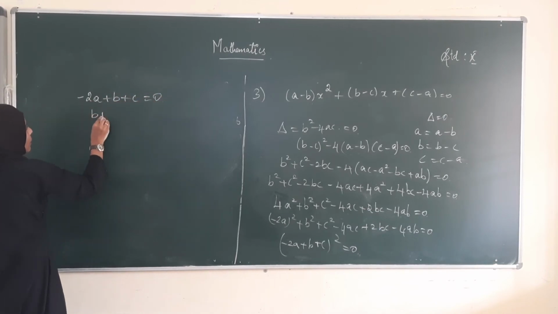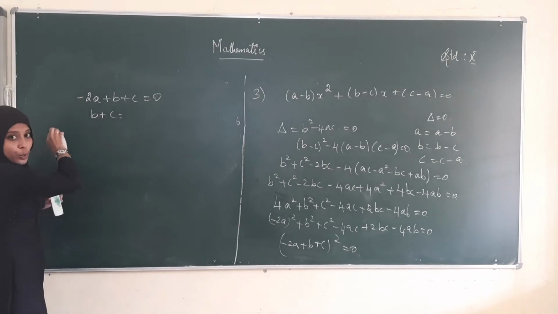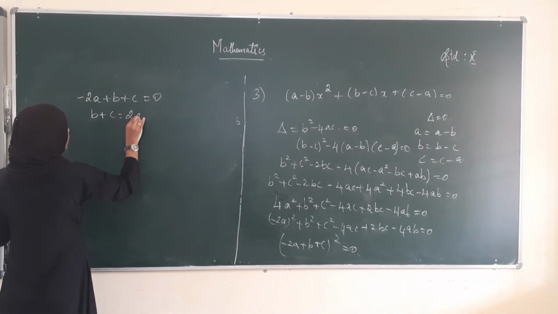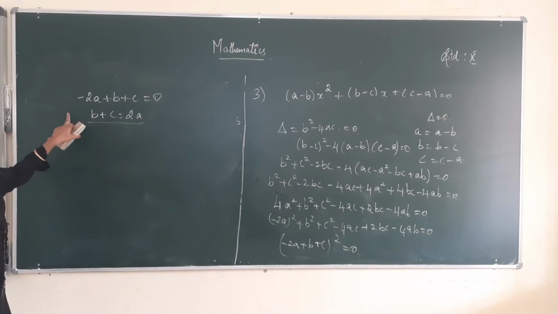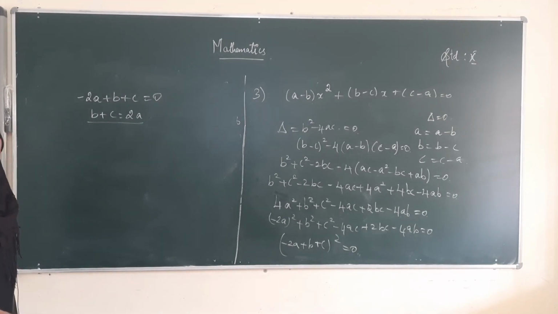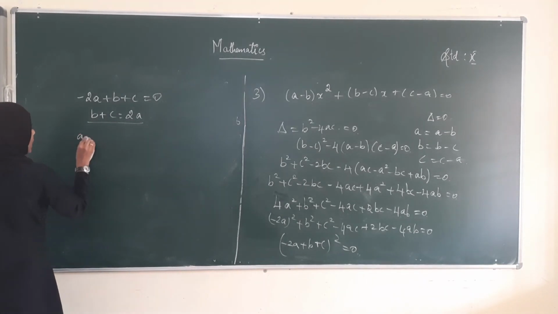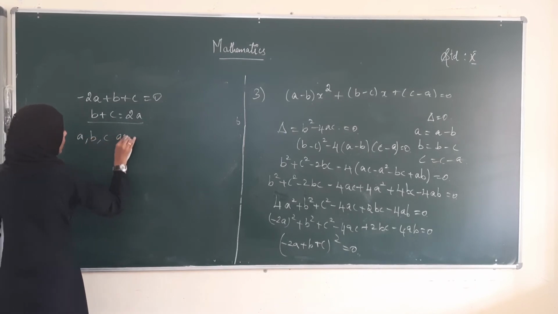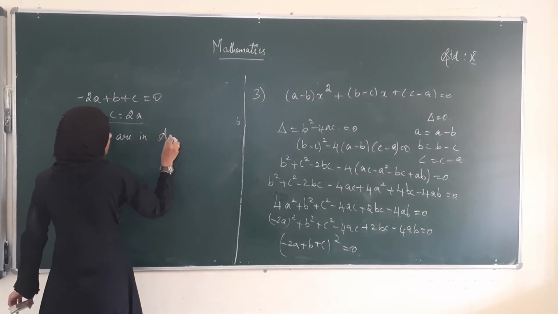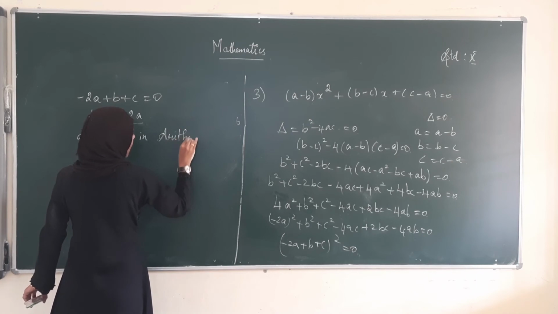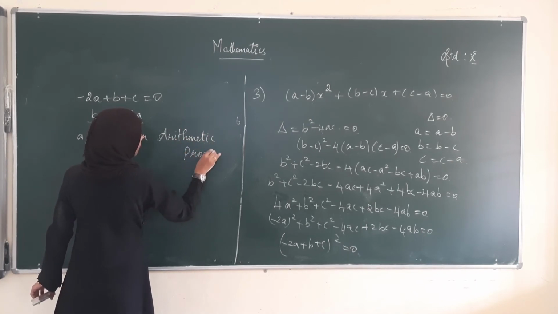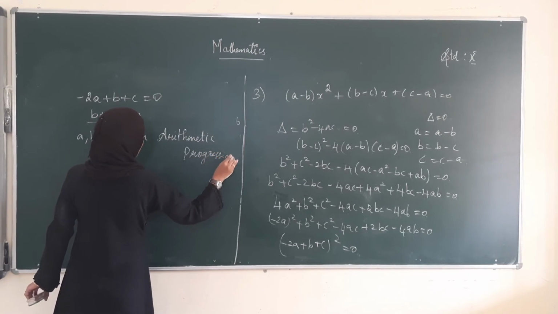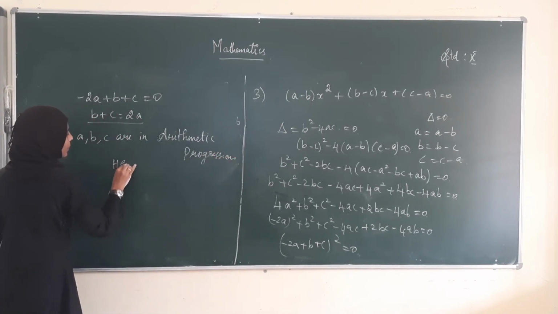Therefore B plus C is equal to, taking minus 2A to that side, 2A. Therefore the terms A, B, C are in arithmetic progression. Hence we have proved it.